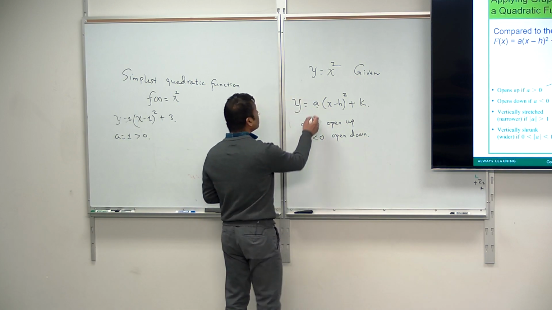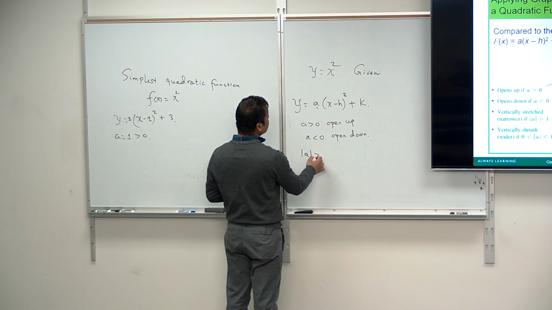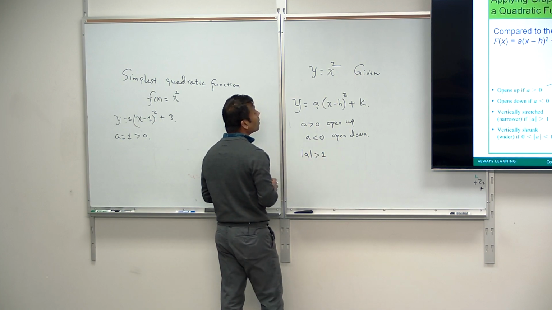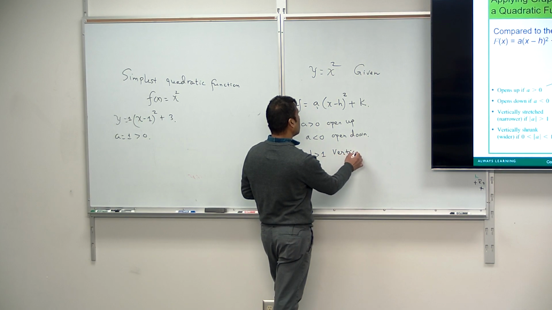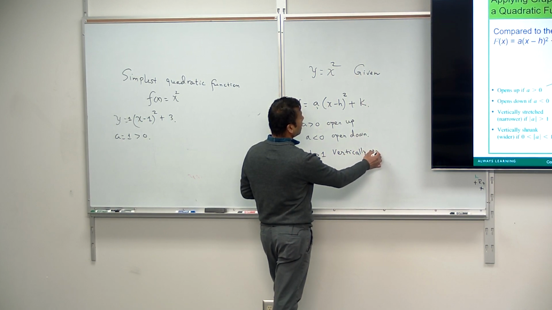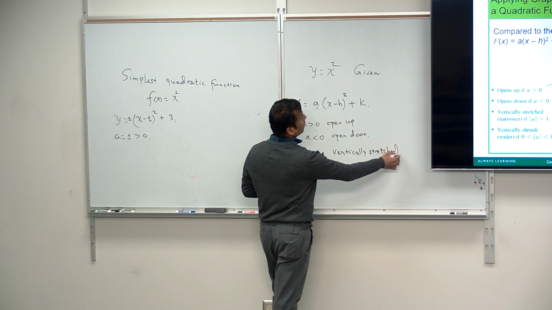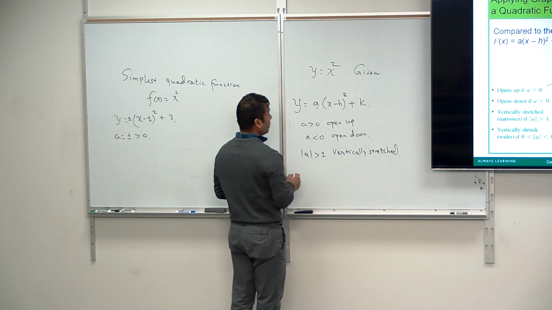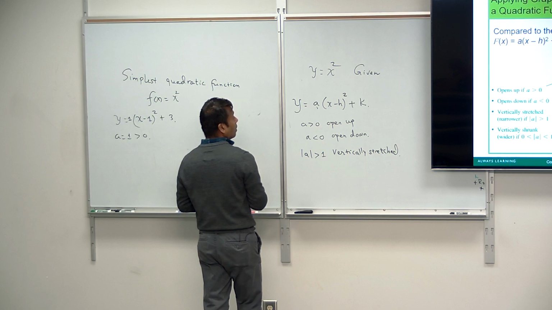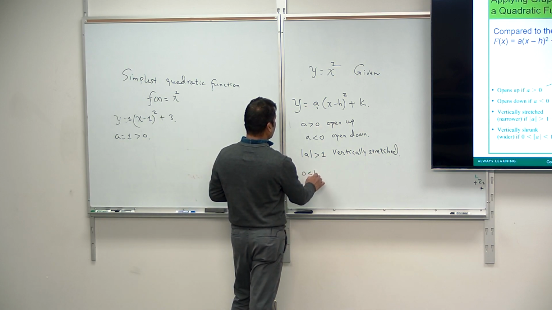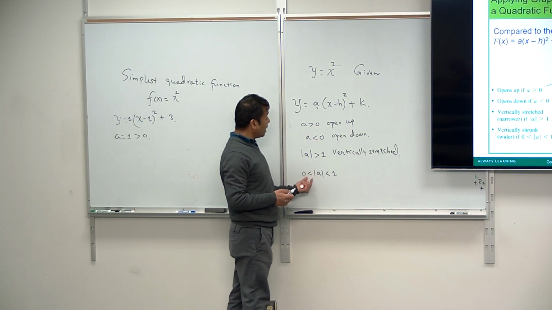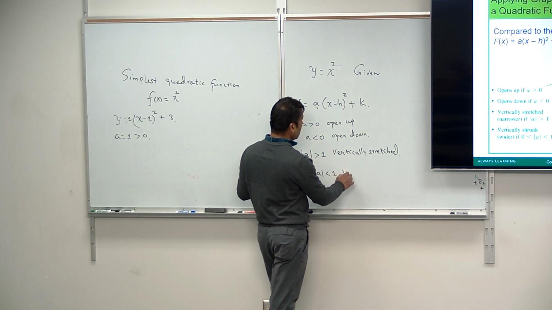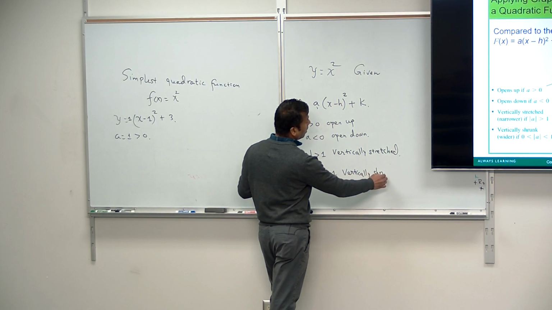And then if the absolute value of a is greater than 1, it will be vertically stretched. So if the absolute value of a is between 0 and 1, it will be vertically shrunk.